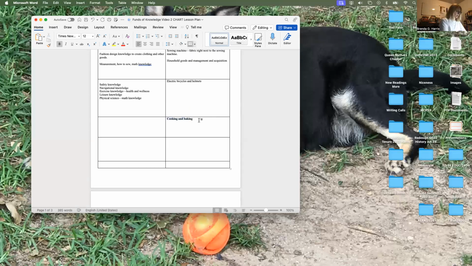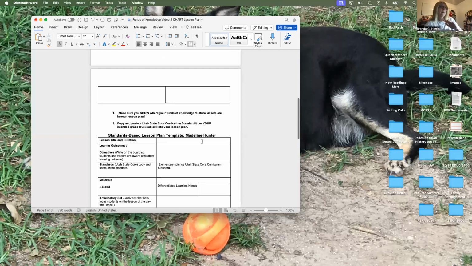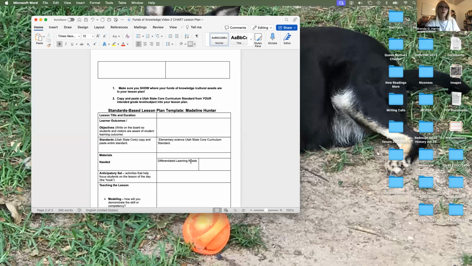So we saw there was a KitchenAid mixer and a food dehydrator. Think about all the science that goes in there, right? So if you have that kind of changing of one state to another, like butter being melted, highlight that in here.